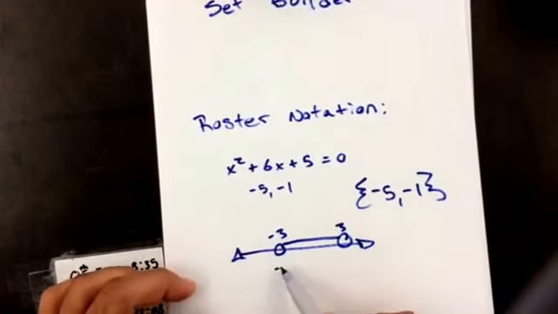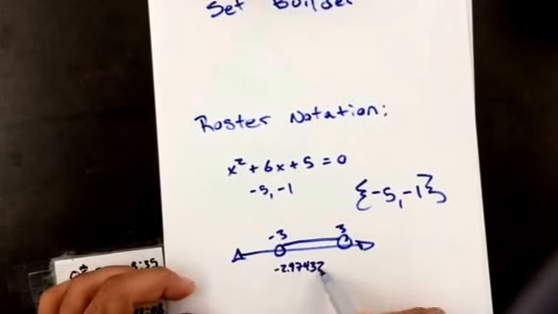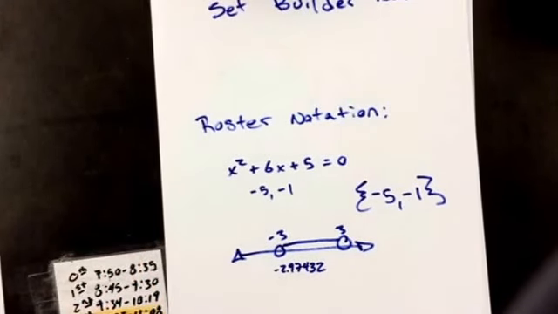It's -2.975432, blah, blah, blah. So I don't want to use roster notation for this.